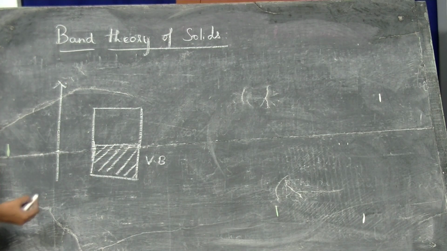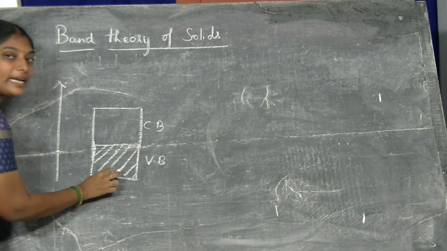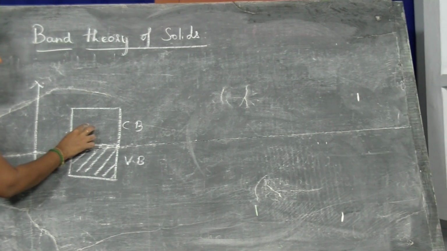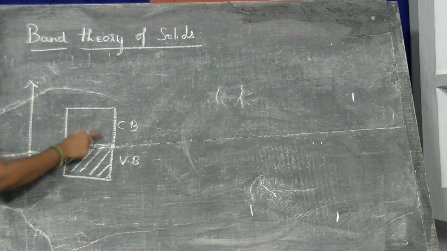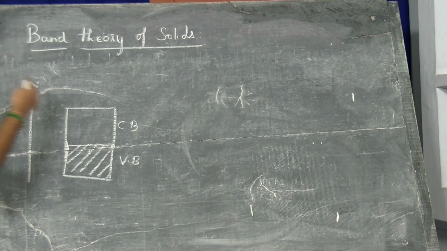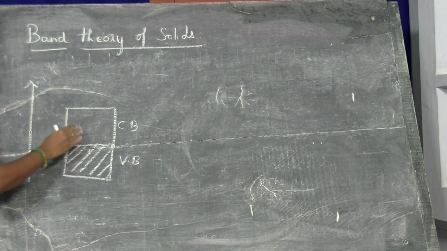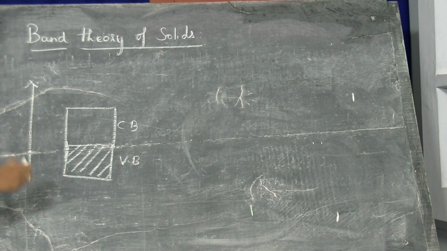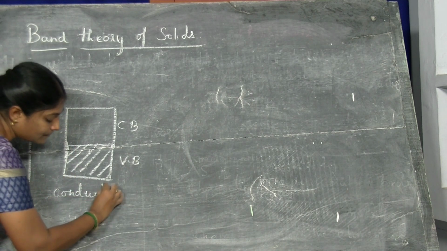The valence band is in the lower energy level and the conduction band is in the higher energy level. Here there is no energy gap between the valence band and conduction band. So the valence electrons filled in the valence band can easily move to the conduction band and conduct electricity easily. So this material is considered a conductor.